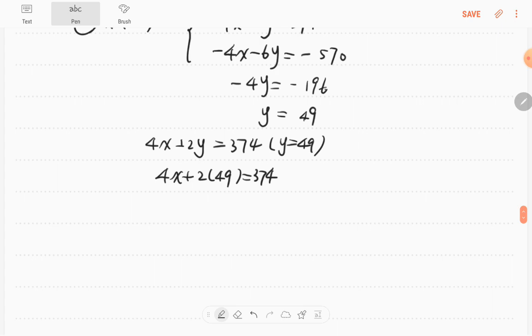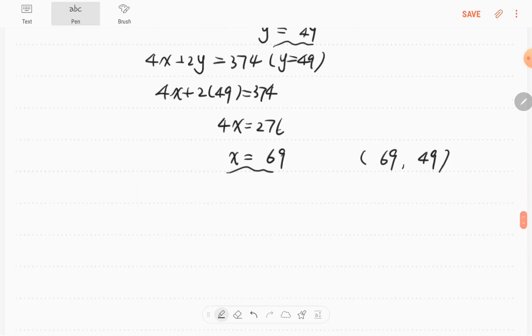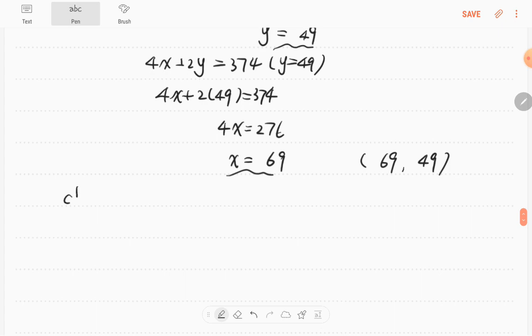So we know 4x is equal to 276. So x is equal to 69. So by this step, we already have our solution, right? We already have our solution. So next step or the last step, we're going to check our solution.